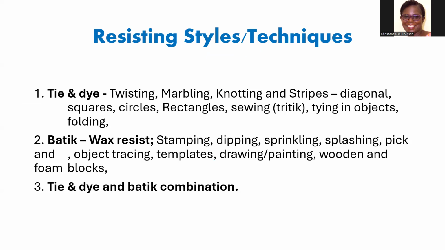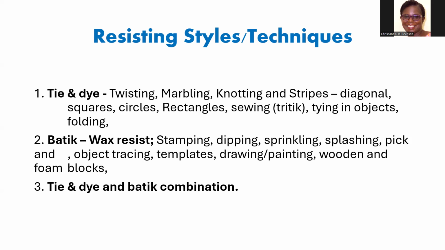So we have resist styles like tie and dye, batik, then the combination of the two. When you're doing tie and dye, we have some techniques that you can use. So you have twisting the fabric, marbling the fabric, knotting, and making stripes. The stripes can be diagonal, squares, circles, rectangle.